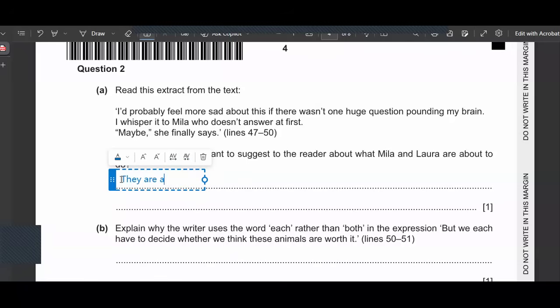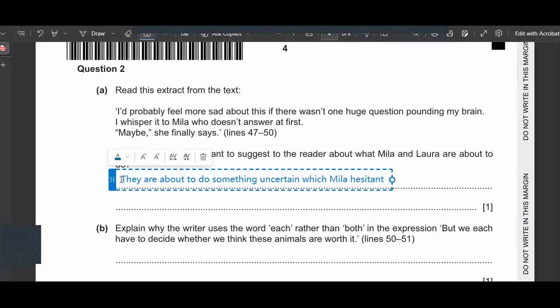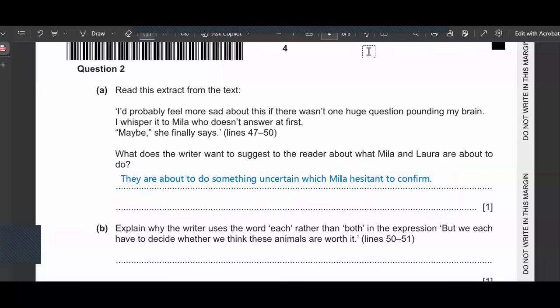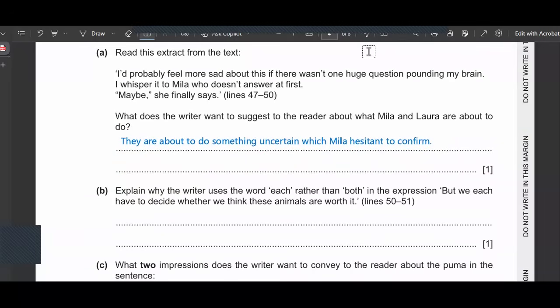They are about to do something uncertain, which Mila is hesitant to confirm. So let's move on to the next question very quickly.